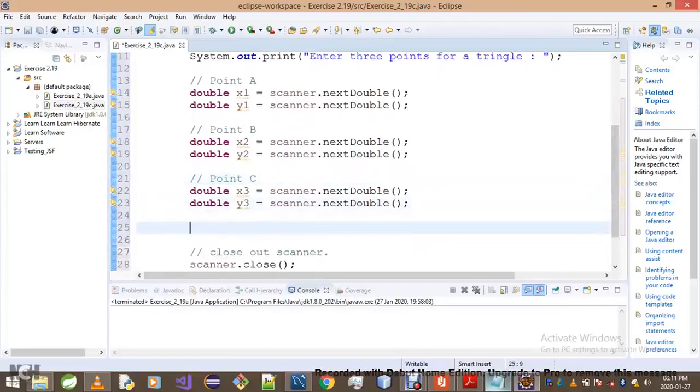Okay, again, what we then do is to simply try to calculate side 1, side 2, and then side 3. So how do we go about doing that?